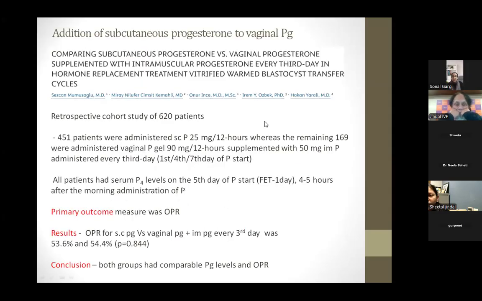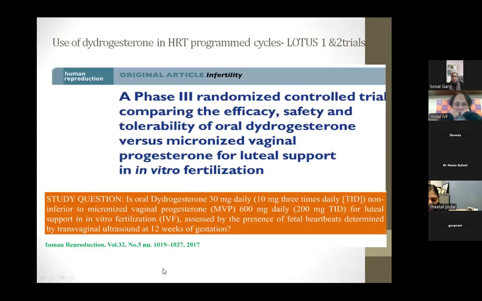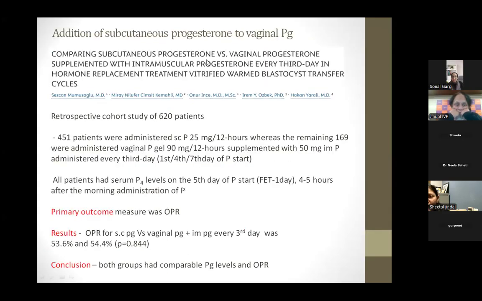Now if we compare subcutaneous progesterone versus vaginal progesterone supplemented with intramuscular progesterone, there are various studies in which vaginal or subcutaneous progesterone has been supplemented with intramuscular progesterone every third day in various HRT cycles.